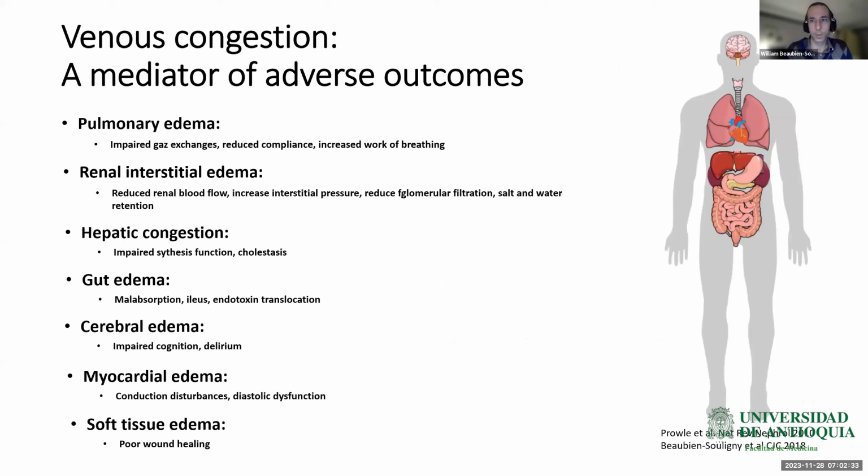And this corresponds to the X and the Y descent of the CVP waveform, which is shown here. And then, as I said, as venous congestion develops, the systolic phase will become less pronounced and can even be reversed if there is significant tricuspid regurgitation; it can also appear even if there is no tricuspid regurgitation. And you see the pattern change with the dominance in diastole of venous return.